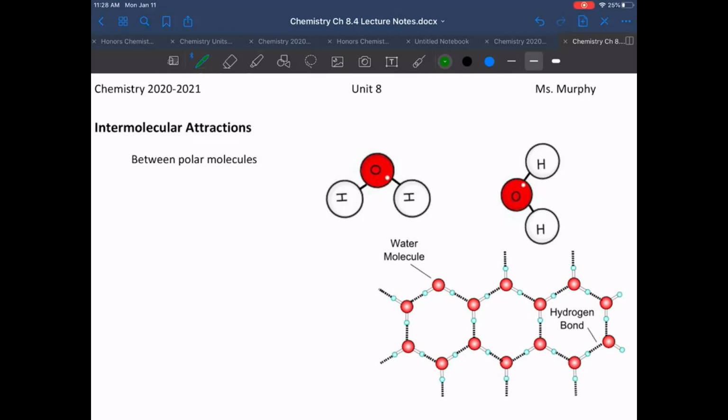And so how we show this as scientists is we first determine, okay, in this water molecule, let's look at this bond between this hydrogen and this oxygen. What is more electronegative, the hydrogen or oxygen? The oxygen. So we're going to draw an arrow from this hydrogen to this oxygen, showing who's tugging on the electrons.